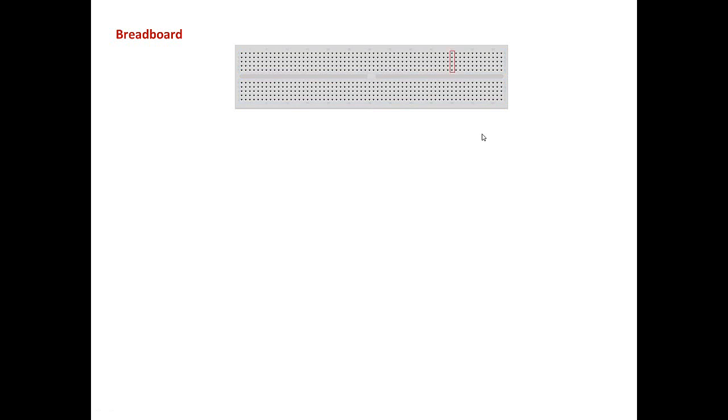The second thing is that each of those 5 holes in any given column are internally connected. So those holes are shorted. They are the same. They are basically a single node. Those 5 holes here are a single node, which is different from those 5 holes next to them, which are another node.